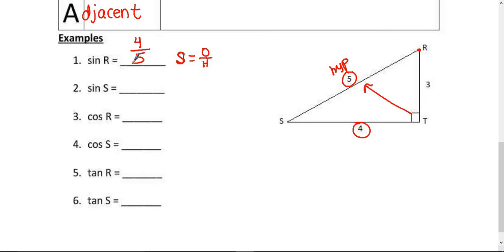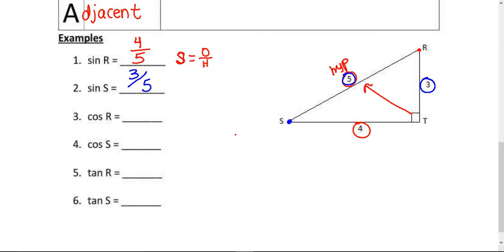So that would be 4/5. And we could simplify that if we needed to, but that is already simplified. All right, so we can go ahead and do the sine of S. If I'm working with S right here, the opposite side is this 3, and our hypotenuse is still 5. So we would have 3/5 for the sine of angle S.